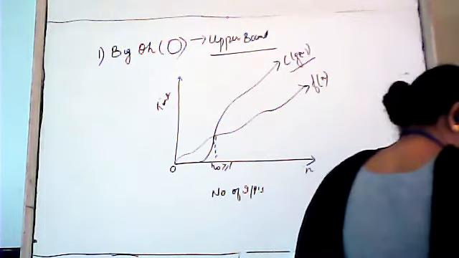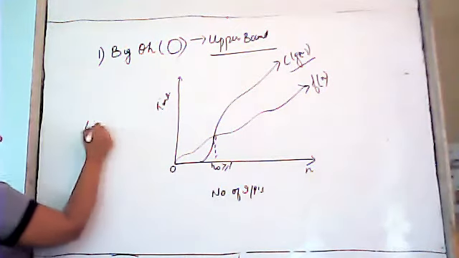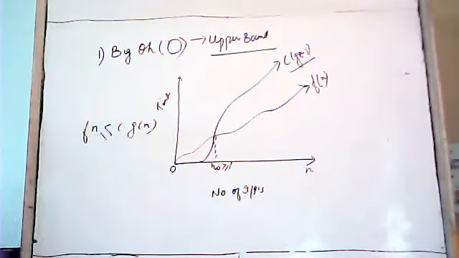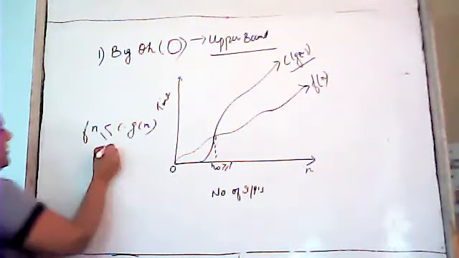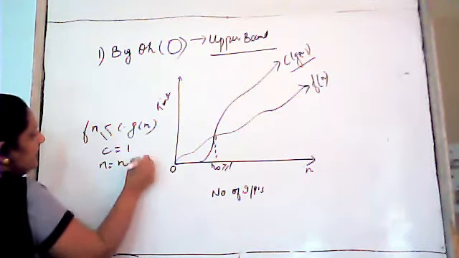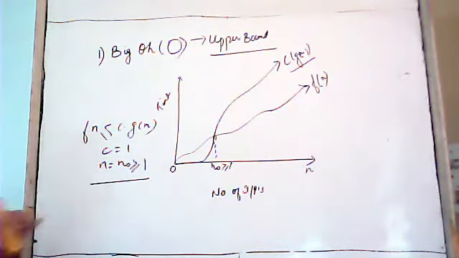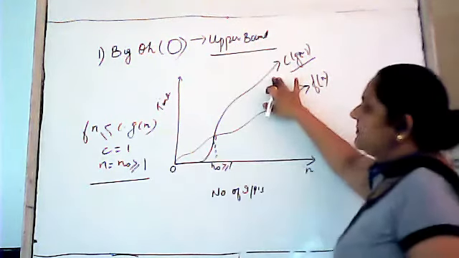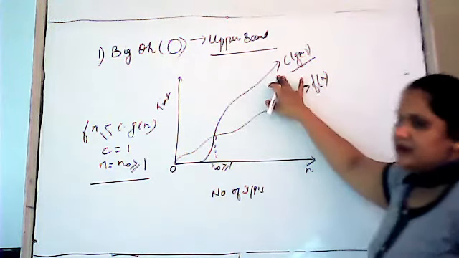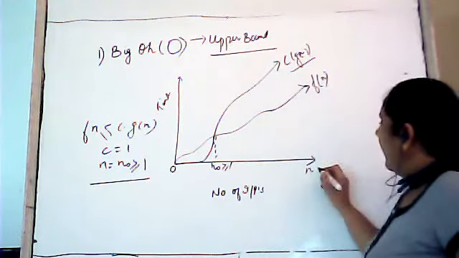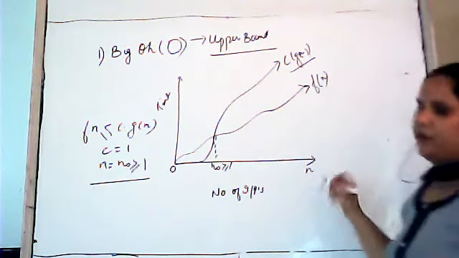So the equation for this is f of n is always smaller than c of g of n, where c is equal to 1 and n is equal to n naught, which is greater than or equal to 1. That means we have to find the upper bound, meaning what would be the maximum number of comparisons, or the maximum time taken by the algorithm for any number of inputs n.